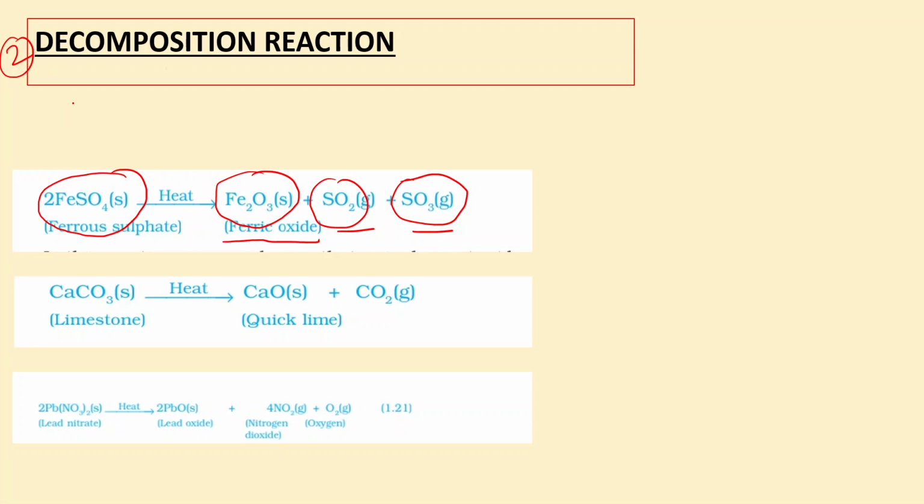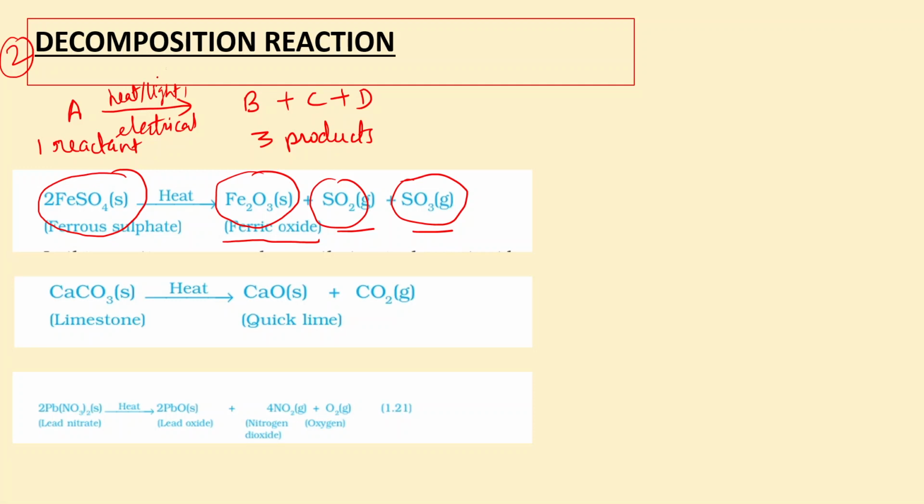So we can make a general equation. For example, this is a reactant. This is given heat, light or electrical energy. It can be any form. So it leads to breakdown of this compound and it forms 3 products, B plus C plus D. So here you can see 1 reactant, 3 products.